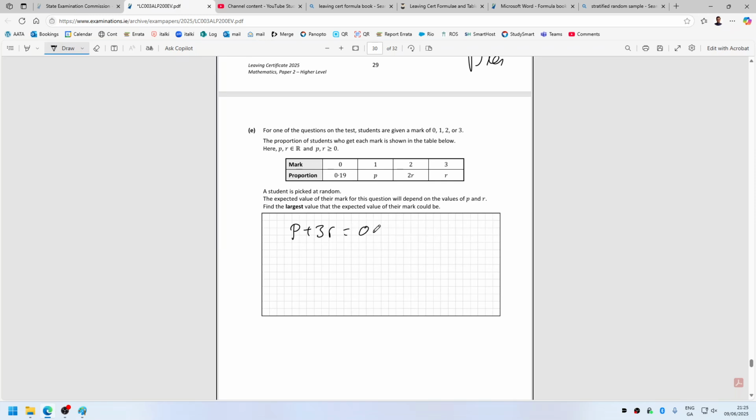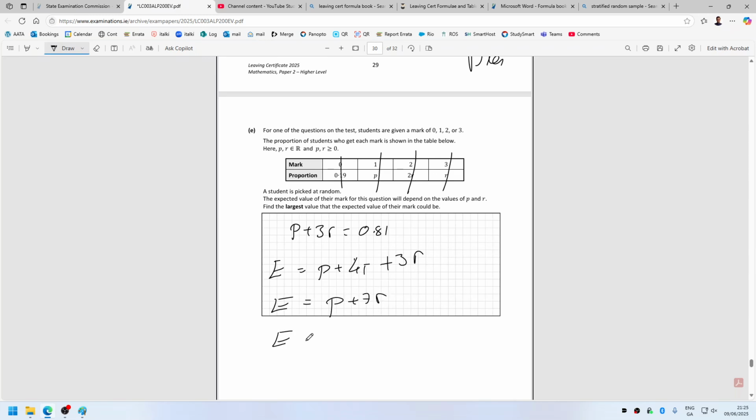So that's 0.81. And the expected value will be that, and then that, and then plus 4r, plus 3r. So the expected value at most is p plus 7r.